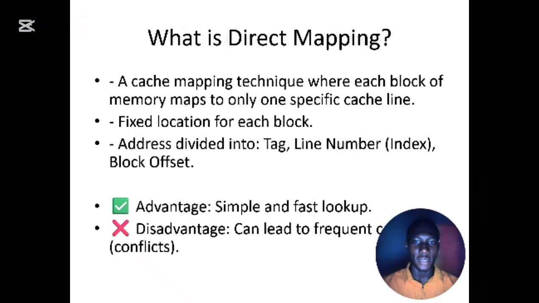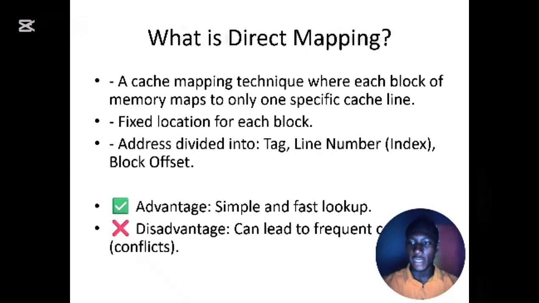Now, what then is direct mapping? In direct mapping, each block of memory is mapped to only one specific line in the cache. There is a fixed location for each block. This makes the system very simple and fast because the CPU always knows exactly where to look.